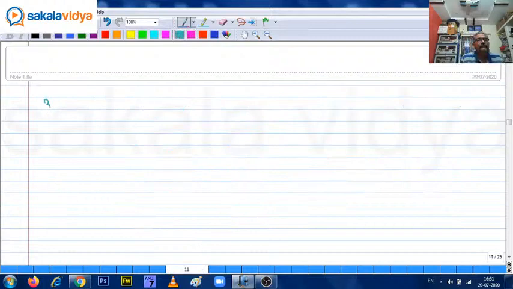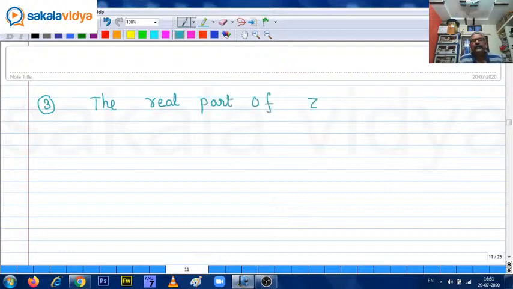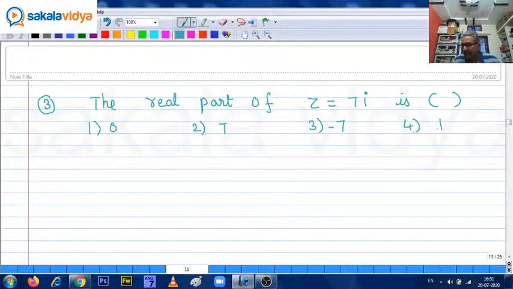Now third example. The real part of z is equal to 7i is: first option 0, second option 7, third option minus 7, fourth option 1. So which is the right option now?